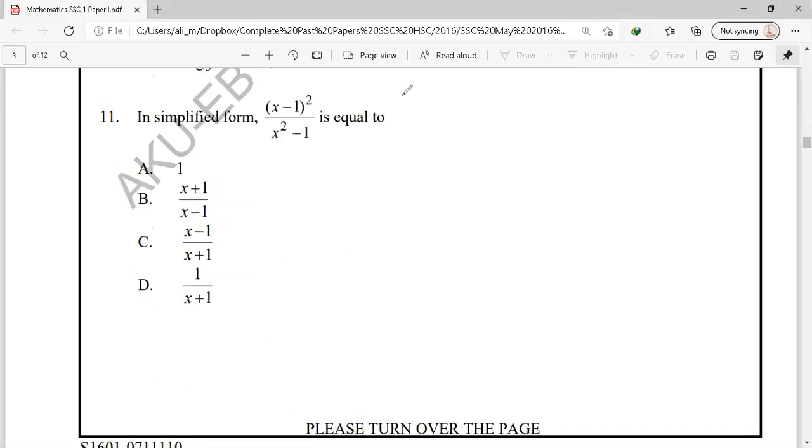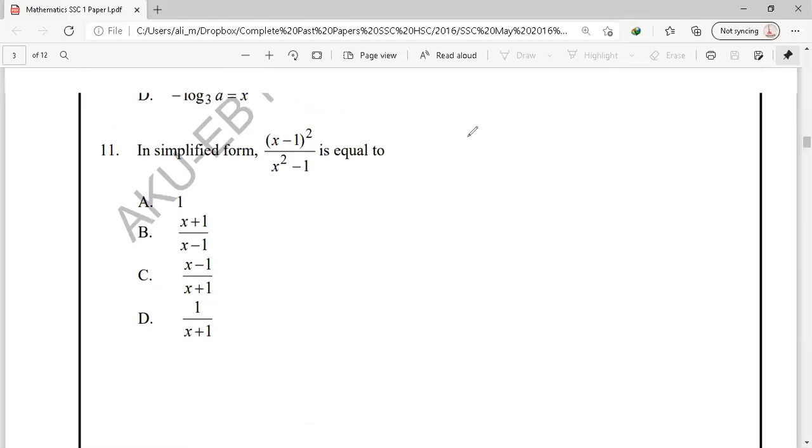Then let's solve question number 11, in which we have to simplify the expression (x minus 1) whole squared divided by x squared minus 1. For this simplification, let's factorize the given expression.